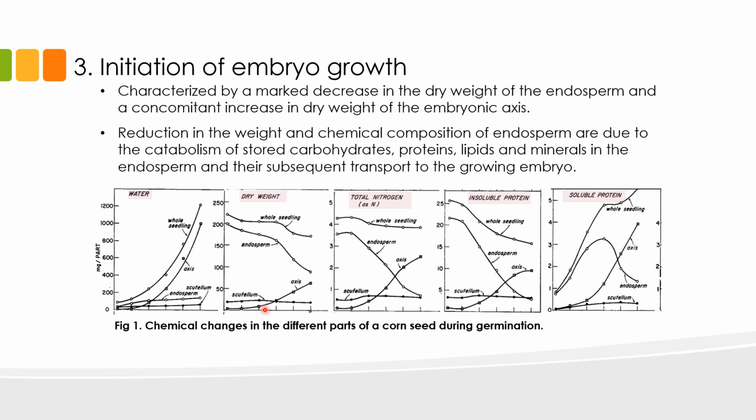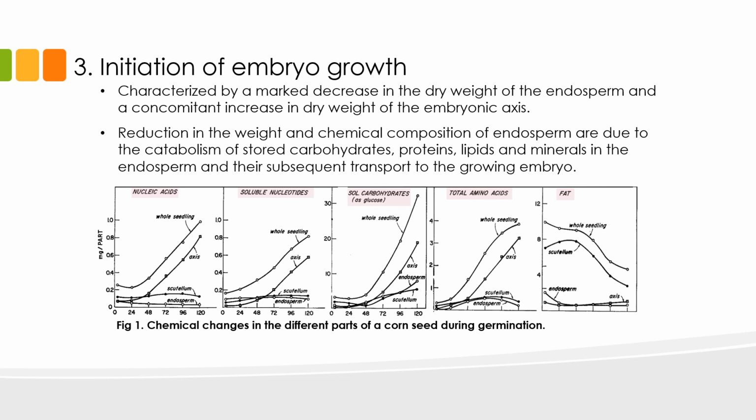So as you can see, with time, the dry weight of the endosperm decreased, while that of the embryonic axis increased. The same pattern can be observed with total nitrogen, as well as the insoluble and soluble proteins. Again, the observed decrease in the dry weight and chemical composition of the endosperm are due to the breakdown of the stored carbohydrates, proteins, lipids, and minerals, and their transport to the growing embryo.